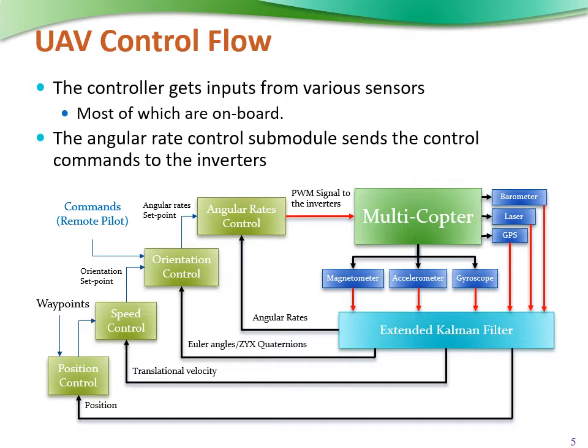These inputs usually come from the base station, or they may come from neighboring UAVs, especially in the case of a collaborative swarm. The angular rate control submodule sends the control commands in the format of PWM to the inverters, that is the motors associated with the four rotors in this case.